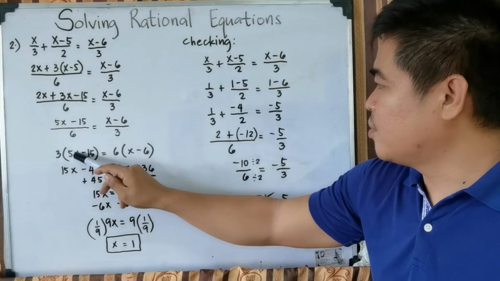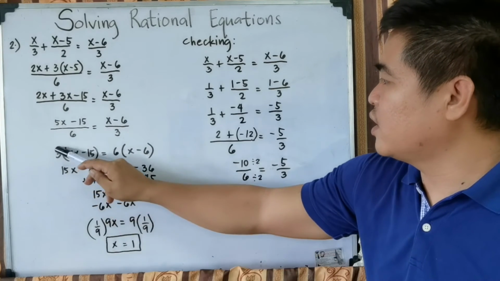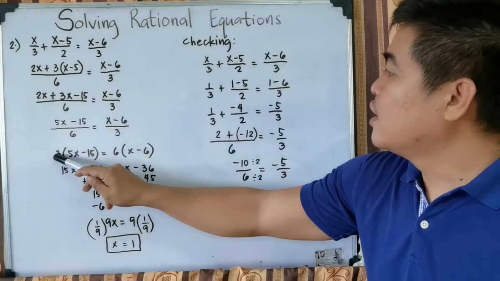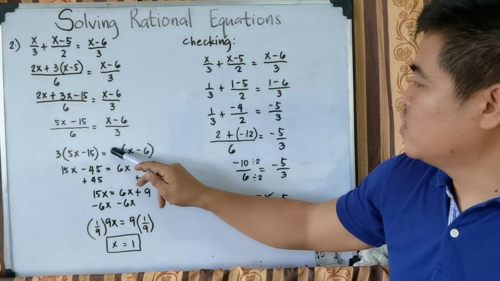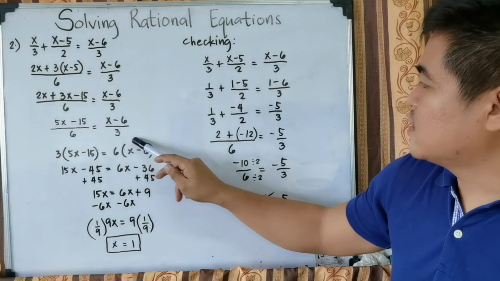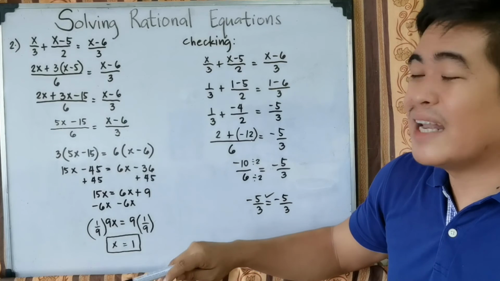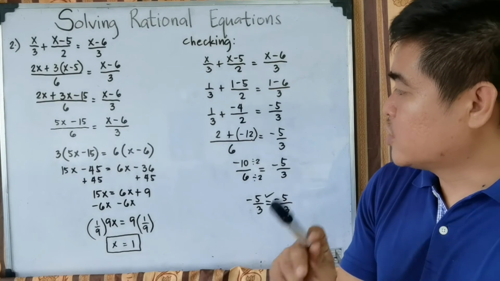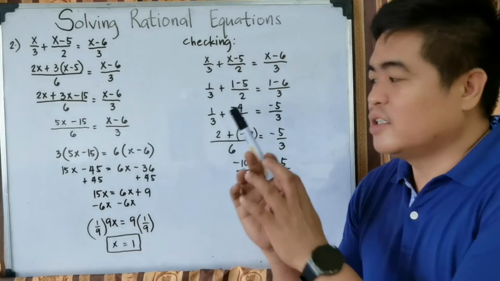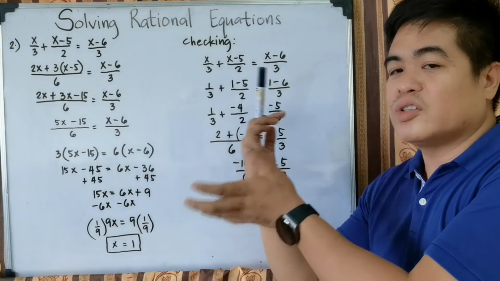Then apply the distributive property of multiplication. 3 times 5x is 15x, and 3 times negative 15 is negative 45, equal to 6 times x, which is 6x, and 6 times negative 6, which is negative 36. Then isolate the terms with variable x on the left side and the constant terms on the right side.